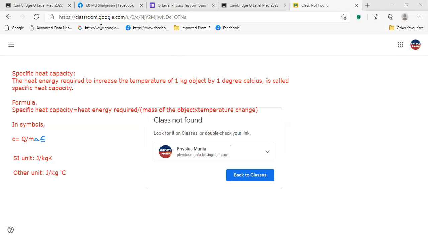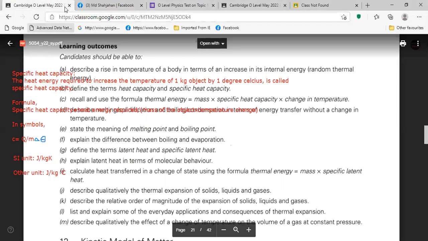Okay, now we have the specific heat capacity formula and unit. We can do numerical questions on it. We have lots of numerical examples on specific heat capacity. I'm showing you some from the worksheet.